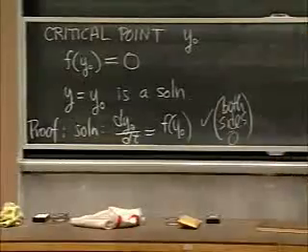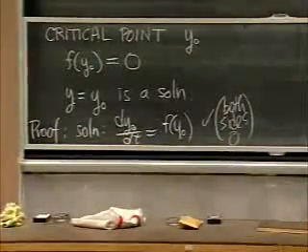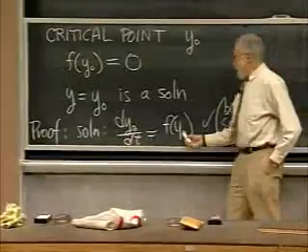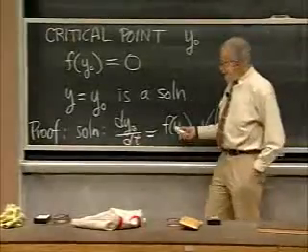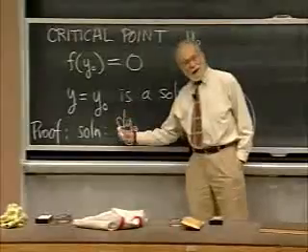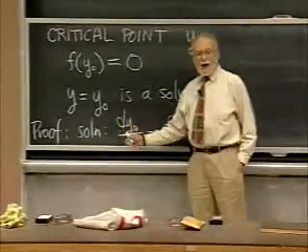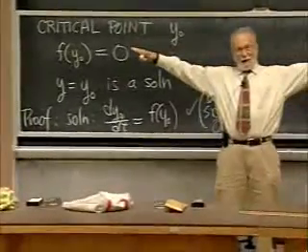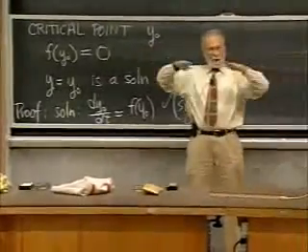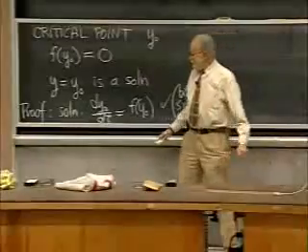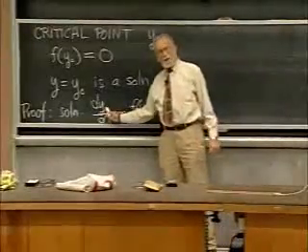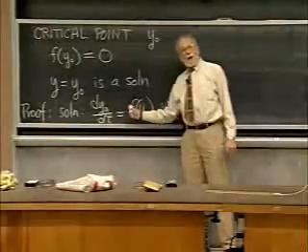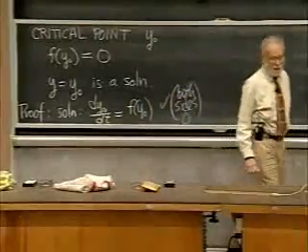Now, y0 is a number on this side, but on this side, what I mean is the constant function whose constant value is y0. Its derivative is 0 because it has slope 0 everywhere. This is a number which makes the right-hand side 0.